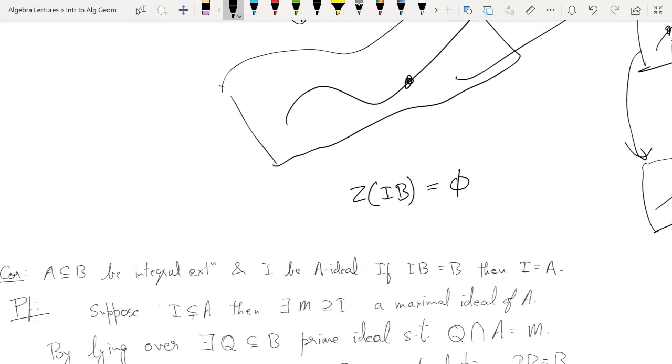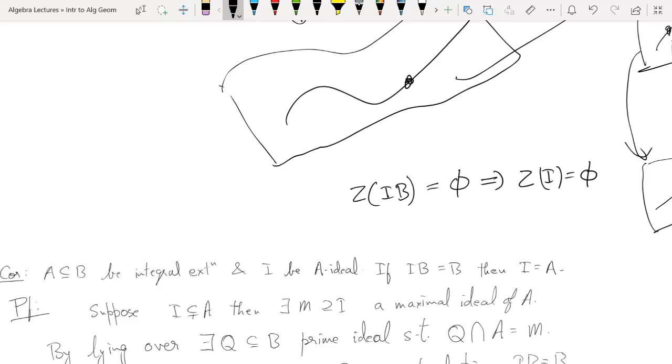So it says that if you have an integral extension and the zero set of some ideal is empty, this implies that the zero set of I is empty in Spec of A, or MSpec of A if A is a finitely generated K-algebra for some field K.